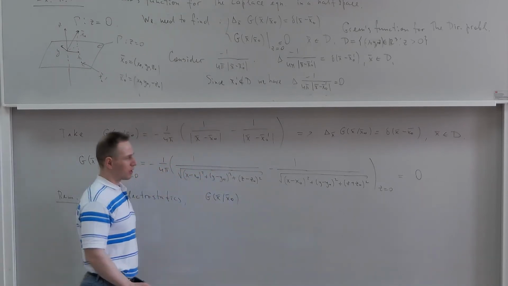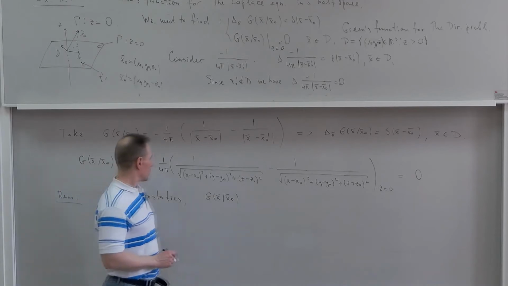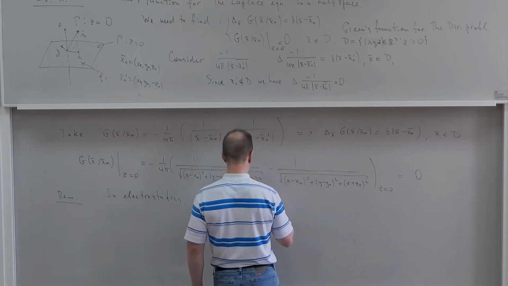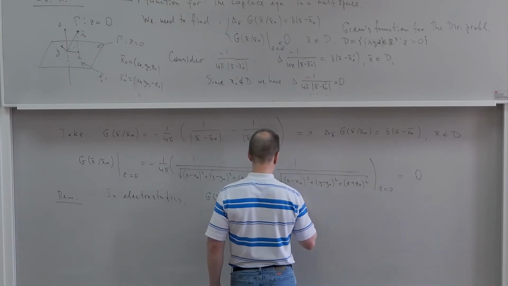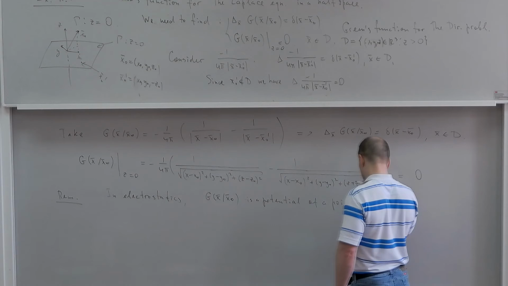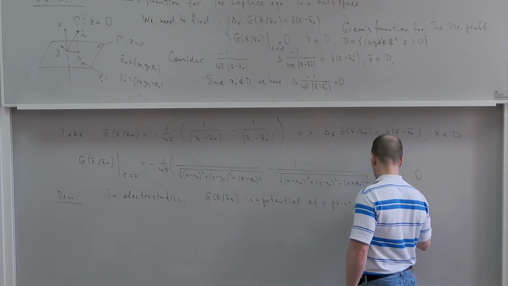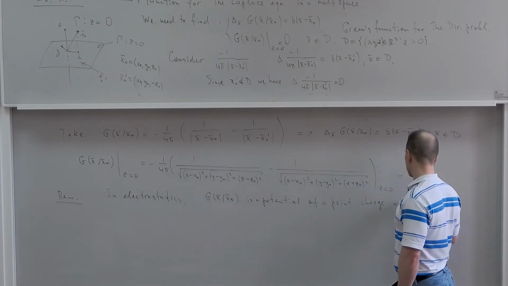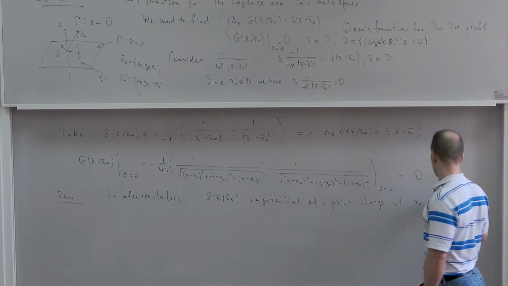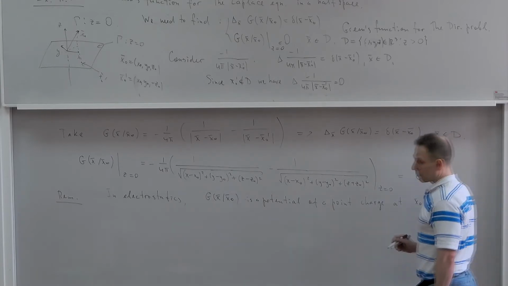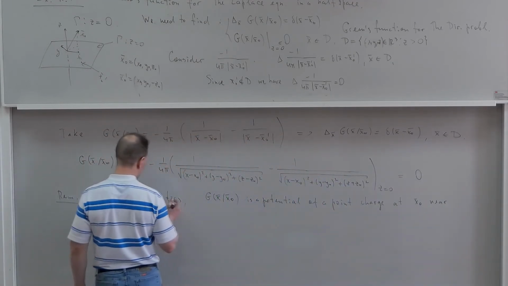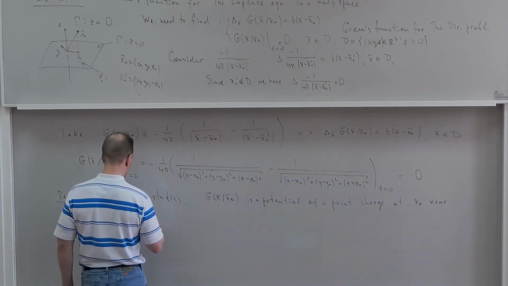Namely, it gives the potential of a point charge located at the point x0 near the mirror gamma, or ideal conductor; the mirror is the ideal conductor.